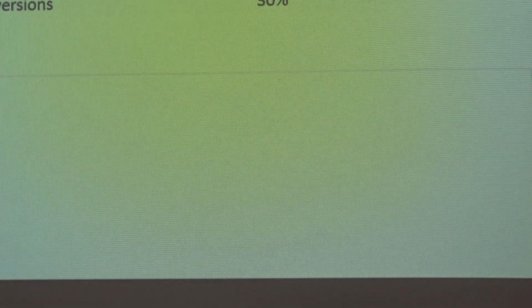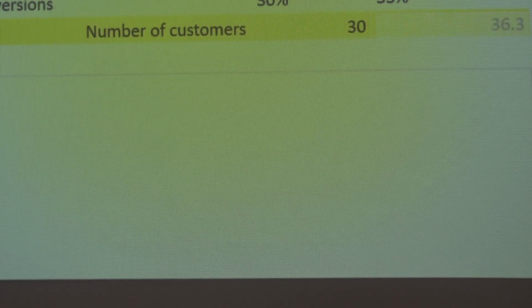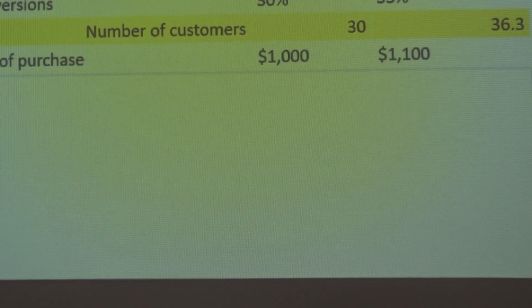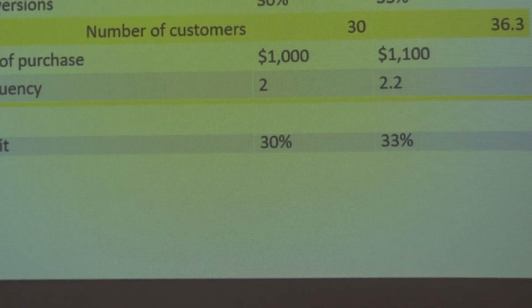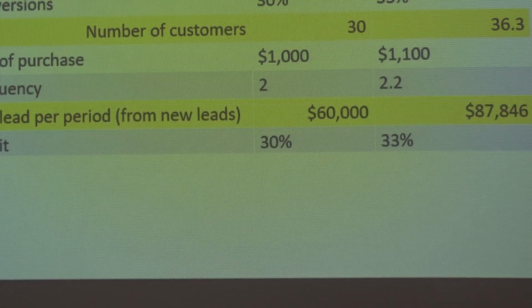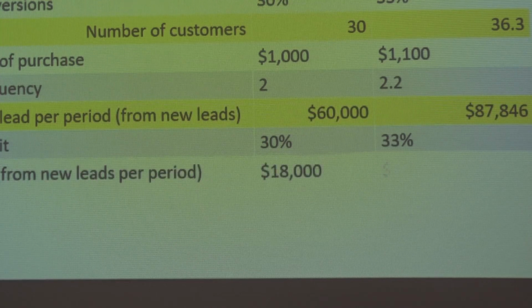And this is the proof. If we increase leads by 10%, if we had 100, we've now got 110. Increase conversions by 10%, it goes from 30 to 33%. So that means our number of customers with both of those has gone from 30 to 36. Increase the size of purchase, the frequency, the profit, so all of those in the right-hand column are 10% up.